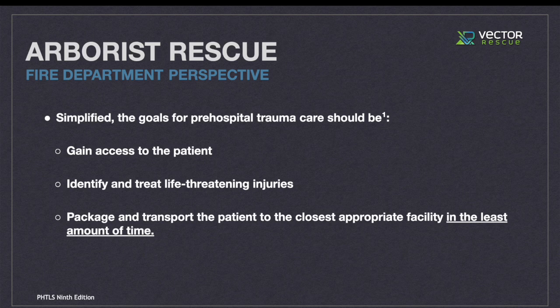Right out of the PHTLS book, which is the Pre-Hospital Trauma Life Support book, oversimplified, the goals for pre-hospital trauma care should be accessing the patient, identifying and treating major life threats, and transporting them to the closest appropriate facility in the least amount of time. So this really requires a coordinated effort between the fire department or the tech rescue team and a local paramedic level ambulance service to make this happen.